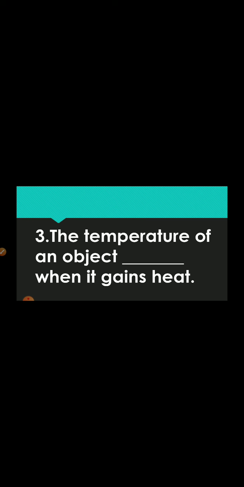Yes, the temperature will increase. So the answer is increases. Now the next question. An increase in the size of a body due to heating is called, yes, we know if we give heat energy to any object, then the size of the object increases, and that increase in size is known as expansion. So the answer is expansion.